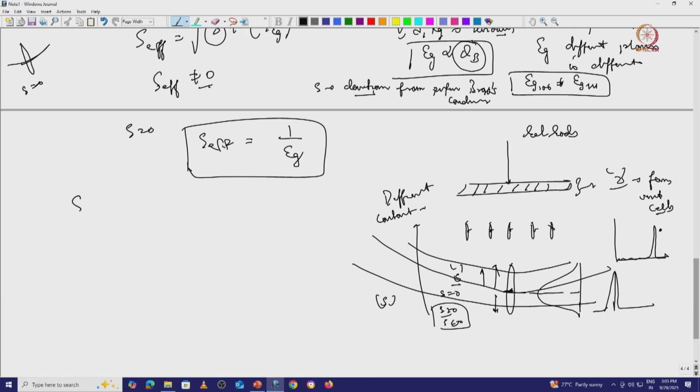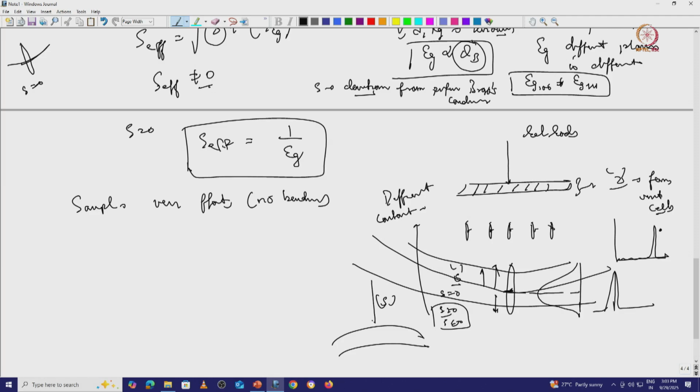So if your sample is very flat, means there is no bending. Okay. So it means that if your sample is bent, what will happen?